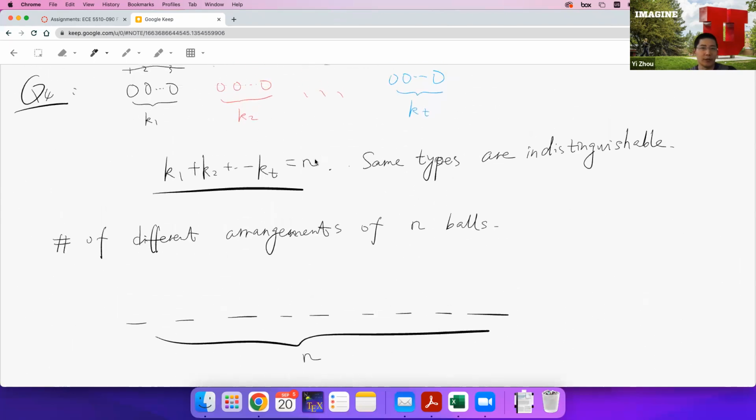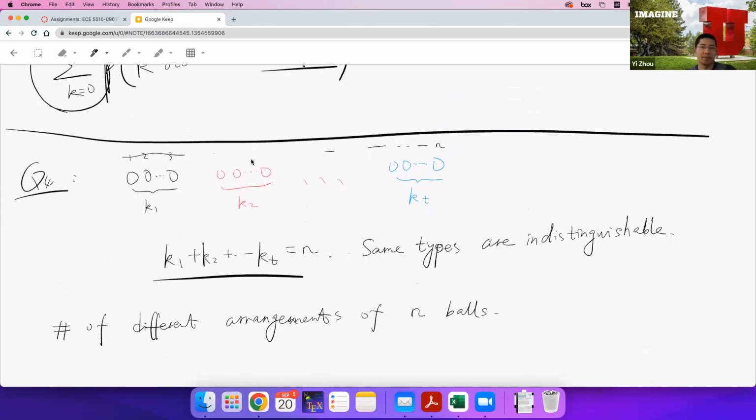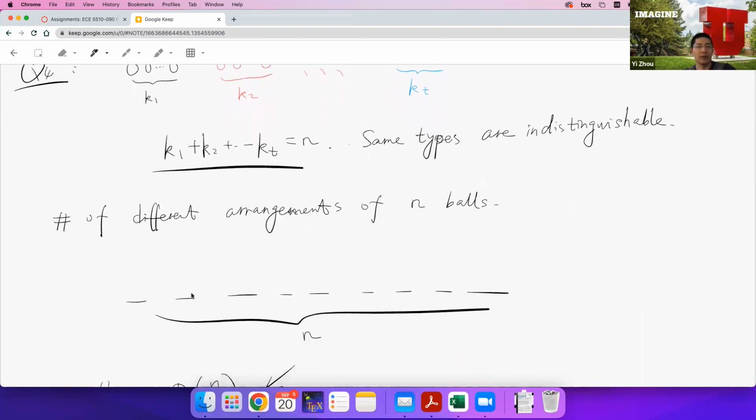Okay. So this is about this problem. You have multiple types of objects. Each type of objects has multiple elements in it. And then we consider the ordering among these objects.